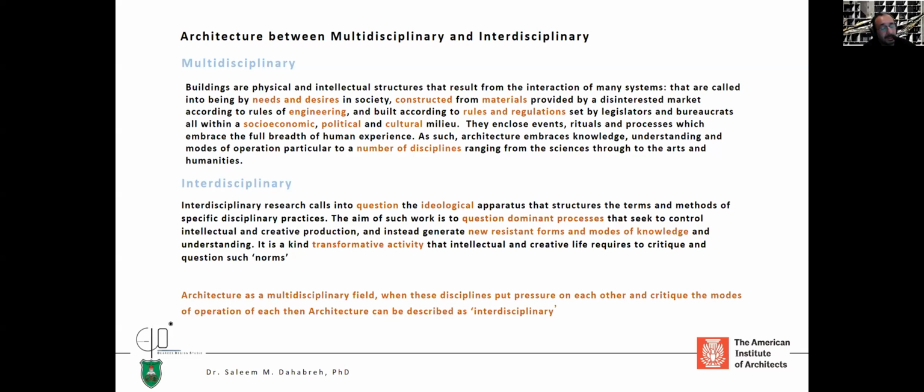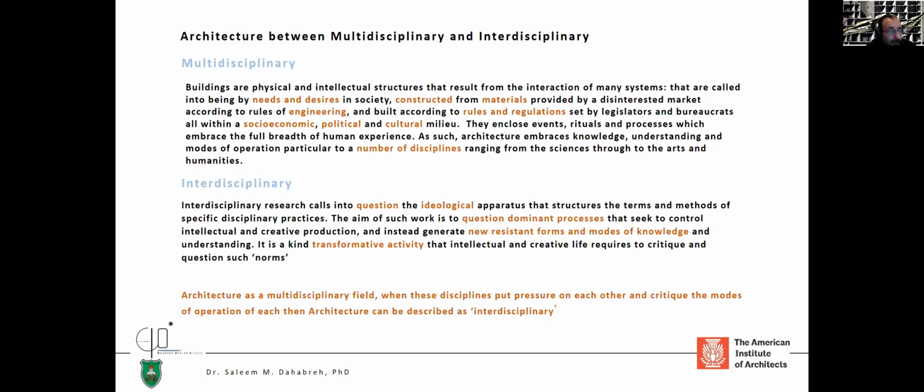Now, interdisciplinary is a totally different term. Once we say architecture is interdisciplinary, we have to understand what interdisciplinary is. Usually it started in literature and research. Interdisciplinary means it questions the ideal apparatus that structures the discipline.